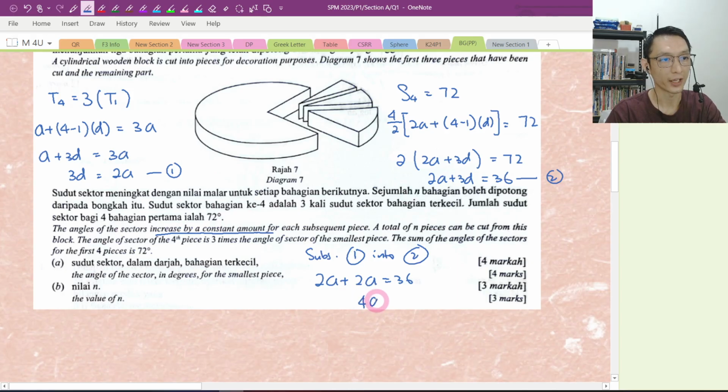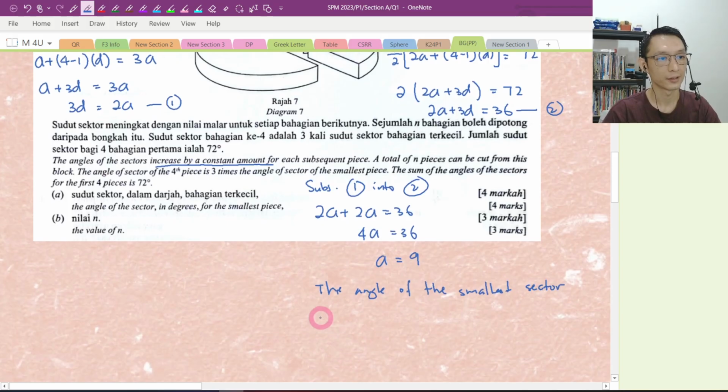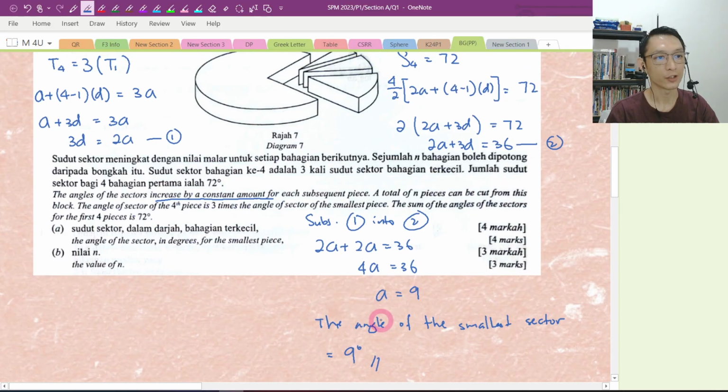Now this is 4a is equal to 36. So a is equal to 36 divided by 4, which will give you 9. Okay. The angle of the smallest sector is 9 degrees.